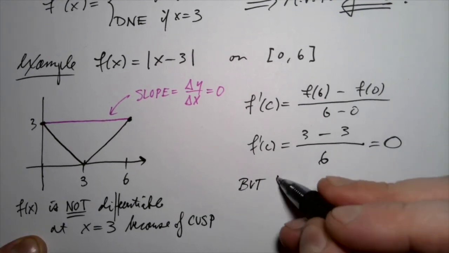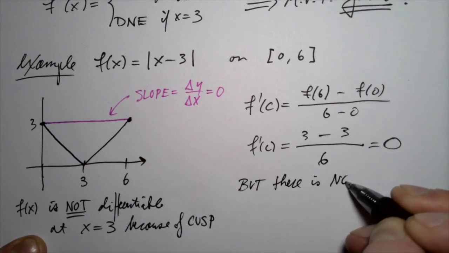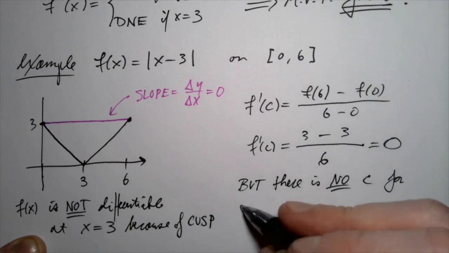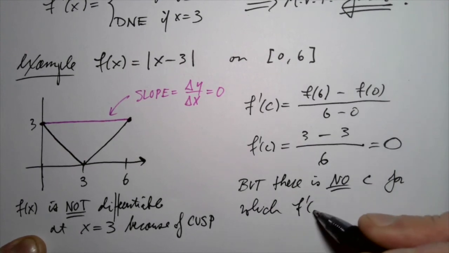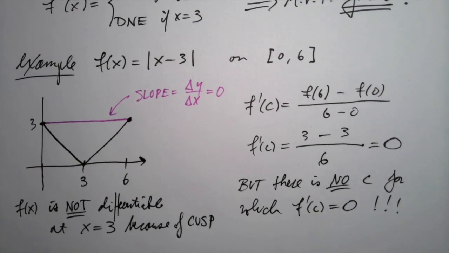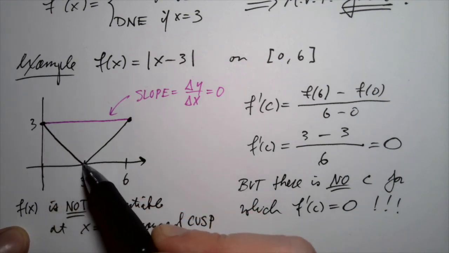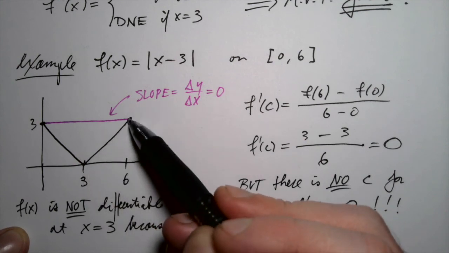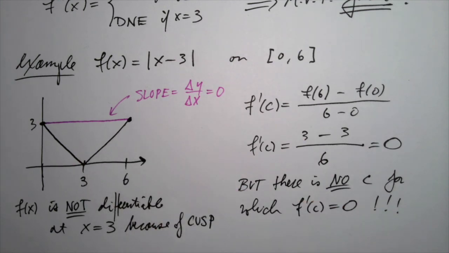But there is no value of c for which the derivative is 0. Right? What is the derivative of this function? It's minus 1 for these points, because that line has slope minus 1, and it's 1 for these points, because that line has slope 1.